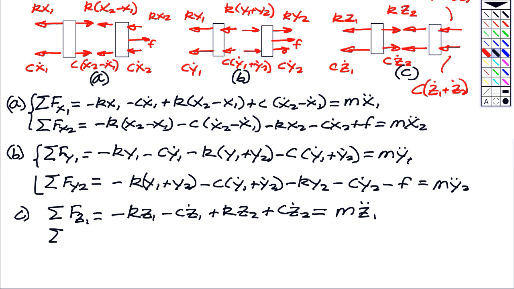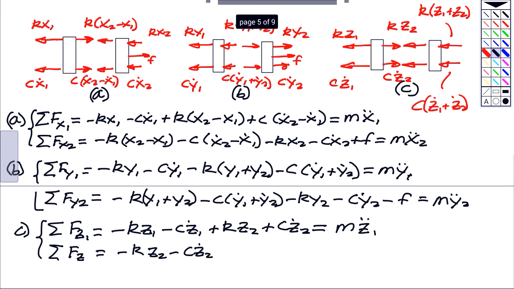Now for block 2, when I sum forces in the z direction, what I end up with here is minus k z2 minus c z2 dot.